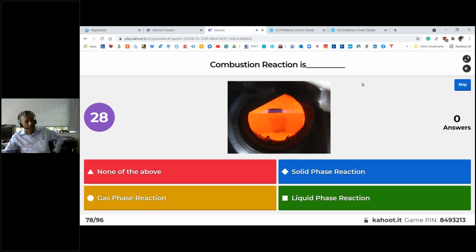Let's talk a little bit more about this. Is combustion happening in liquid phase, gas phase, or solid phase?